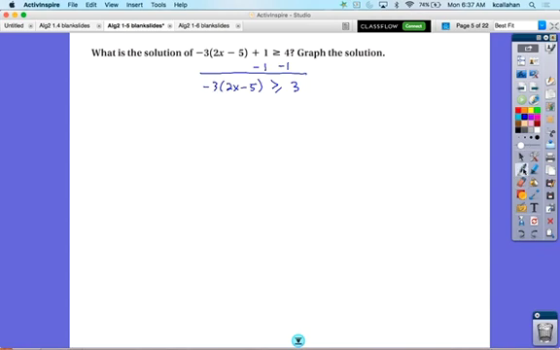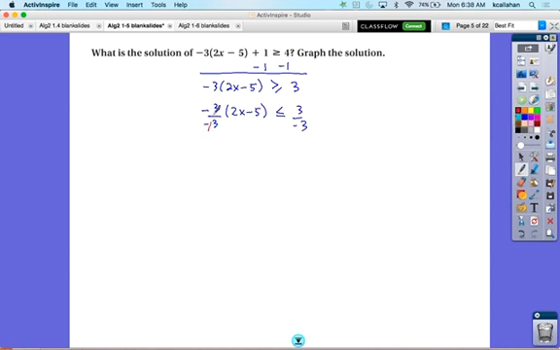Instead, I'm going to write it on a new line. I'll write negative 3 divided by negative 3, 2x minus 5. Now I'll flip the symbol, less than or equal to 3 over negative 3.